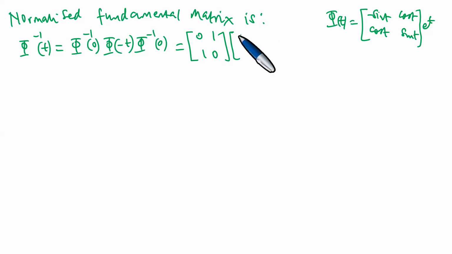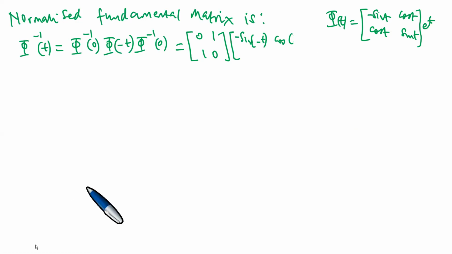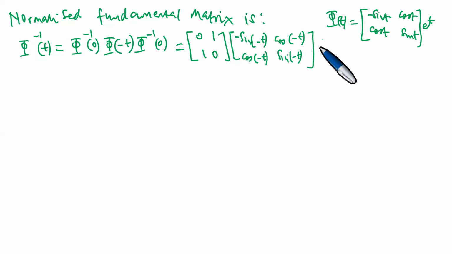So let's just write some trivial steps, like minus t. Now I can write quickly. And then we have minus t. So we have cosine of minus t. And then you close 0, 1, 1, 0.